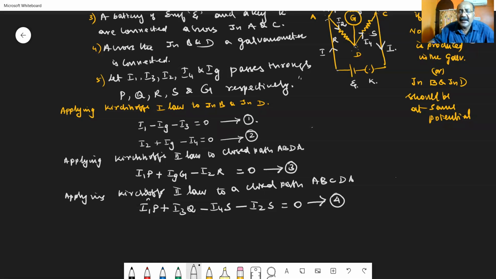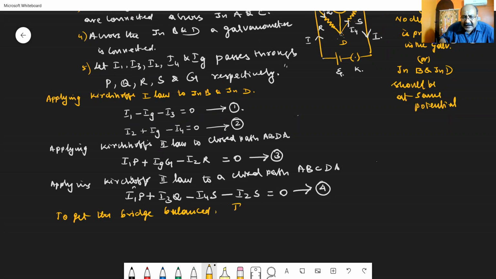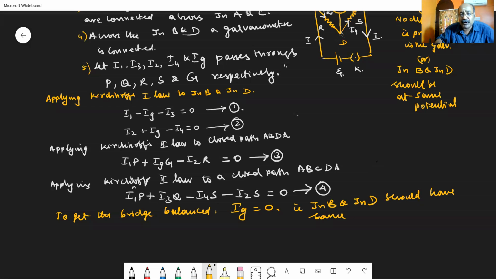Now, in order to get the bridge to be balanced, as I have already told, there should be no current flowing through the galvanometer. So to get the bridge balanced, we have to consider the current through the galvanometer Ig equal to 0. That is, junction B and junction D should have same potential.